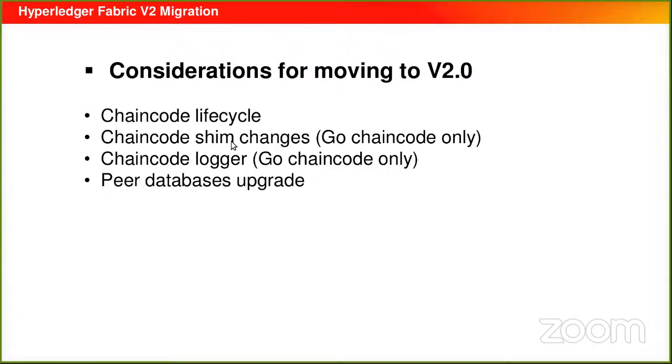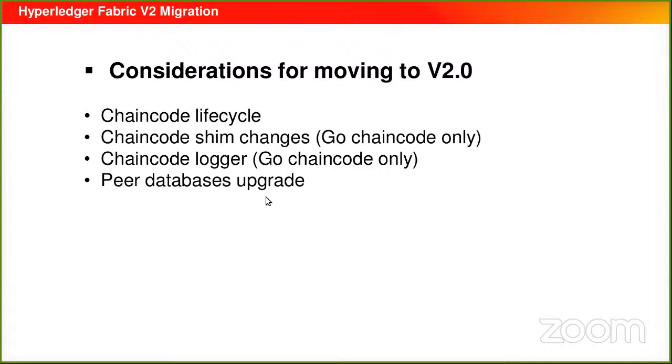Instead of having Docker credentials, you can access the chaincode through the API credential, the endpoint, which is fantastic if you want to maintain the chaincode. And then the chaincode logger. Again, if you're using the Go language, this comes in very handy.